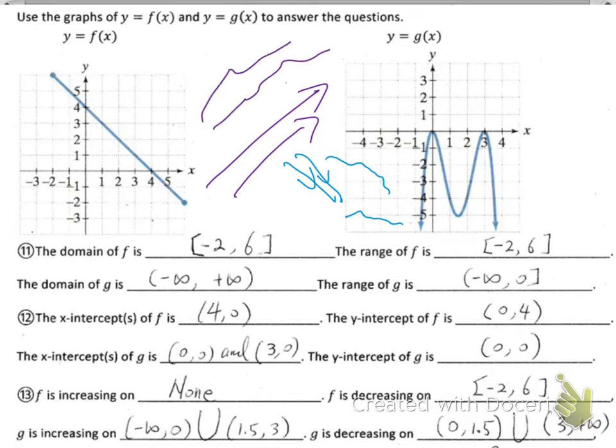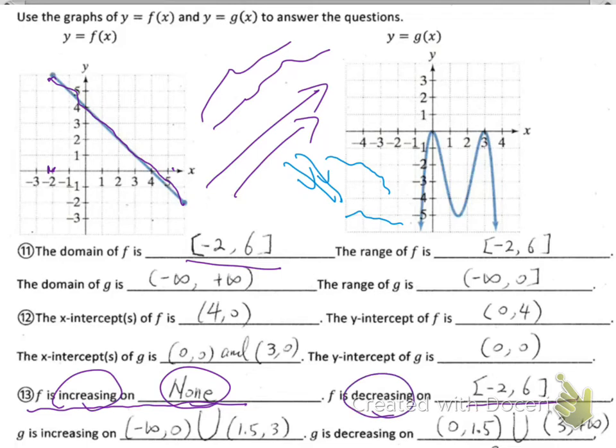So now what's the question? f is increasing on... you look at function f, it is going down, only going down, never going up from left to right. So none. And decreasing on the whole domain, right? This is the domain of f, from -2 to 6. So when you ask about increasing or decreasing, we put the domain, a part of the domain.